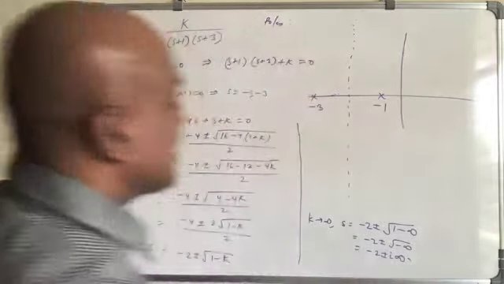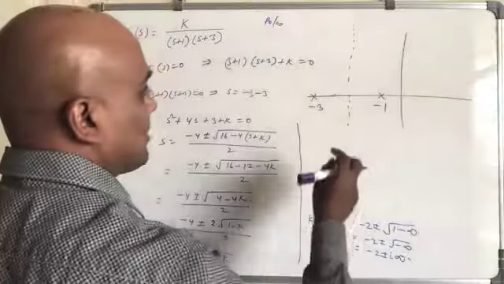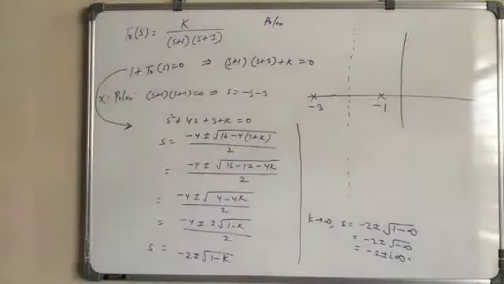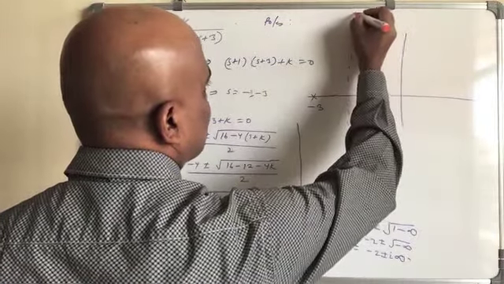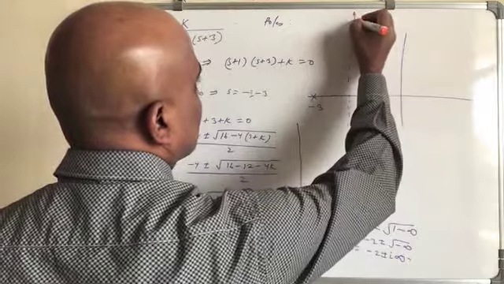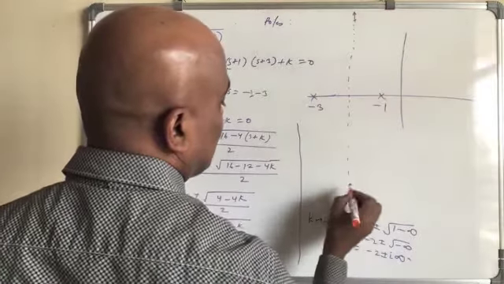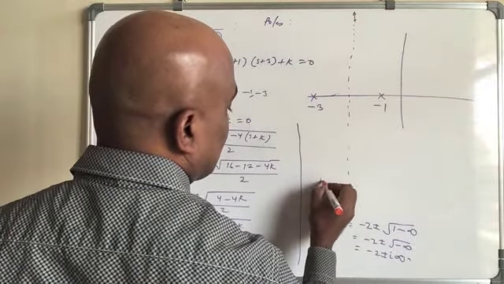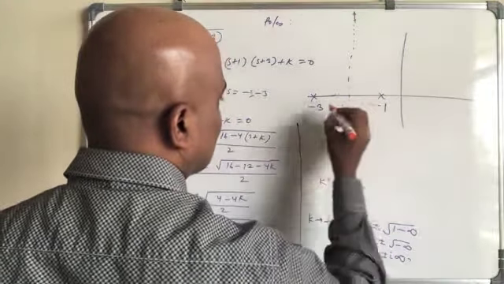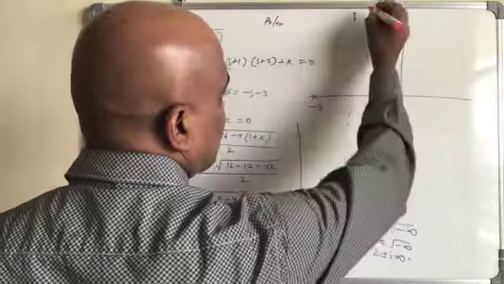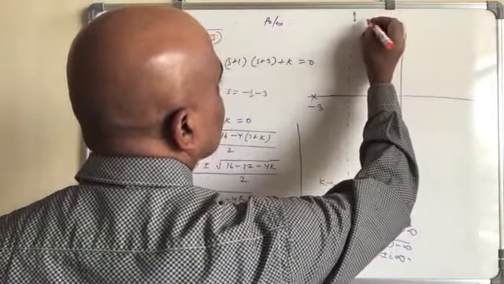So what it tells you is that the value will be somewhere here. It will be here and here. So K tends to infinity will be somewhere at infinity, right? K equal to infinity like this.